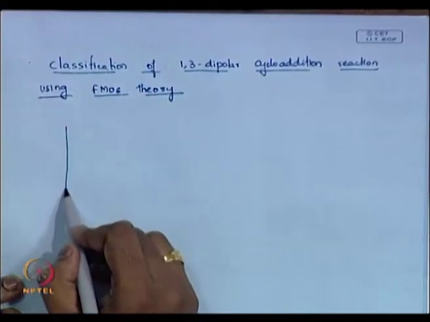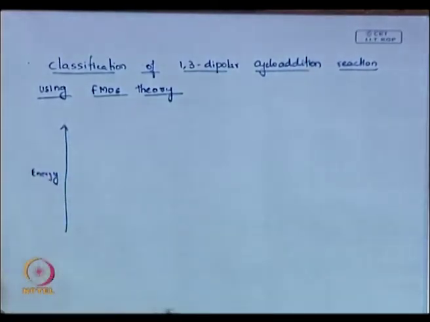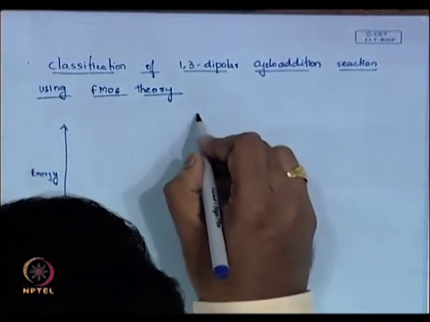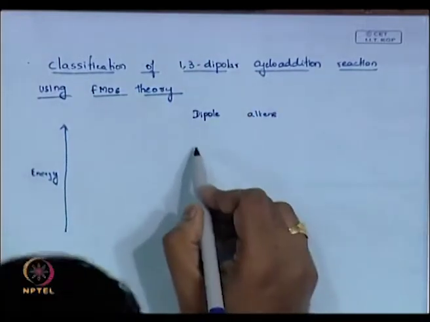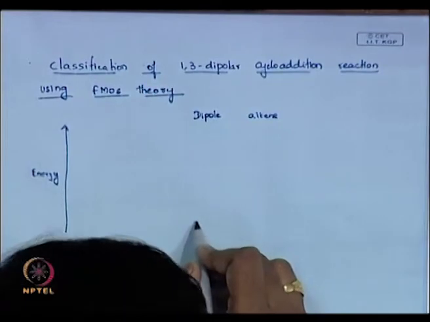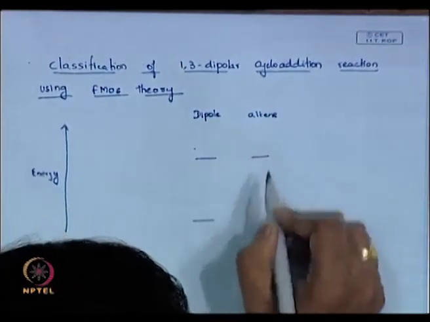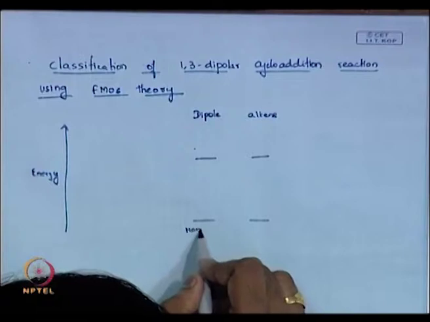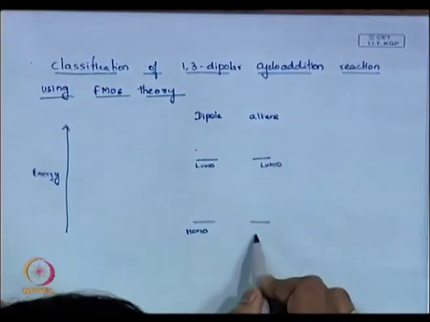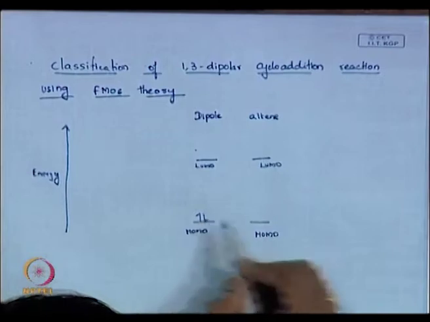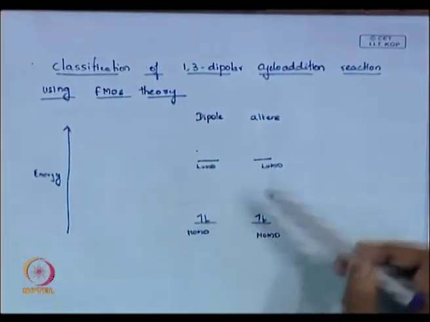I will have an energy axis here. I will take one case where I have a dipole and an alkene system. This is the HOMO and this is the LUMO. This will be the HOMO of your 1,3-dipole, and this will be your alkene.